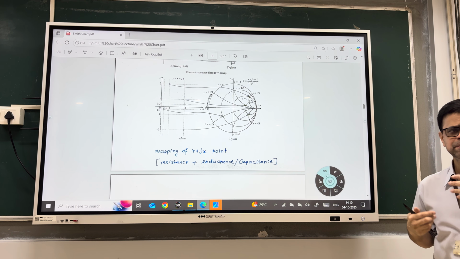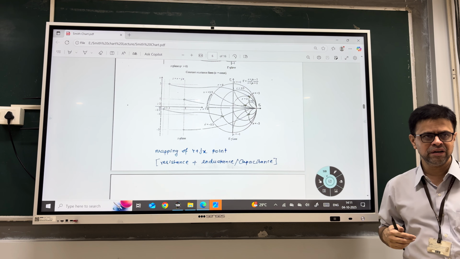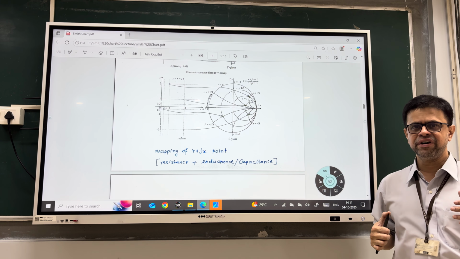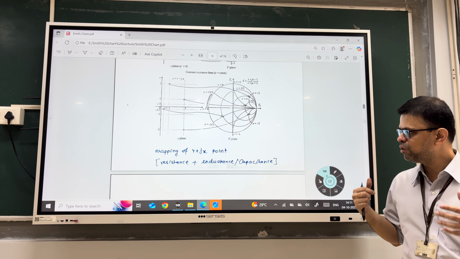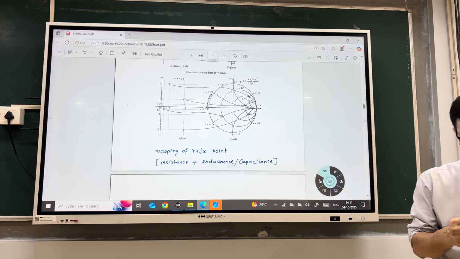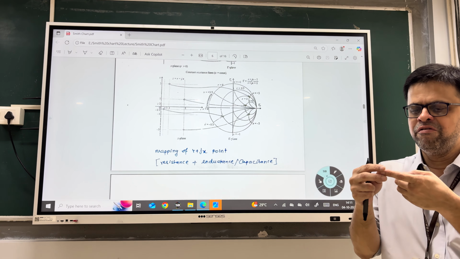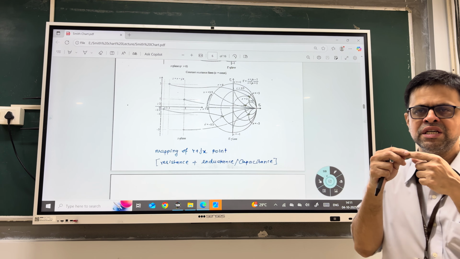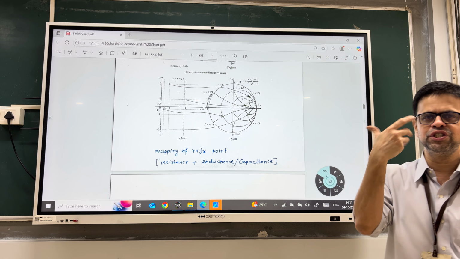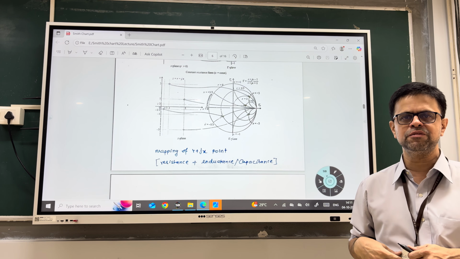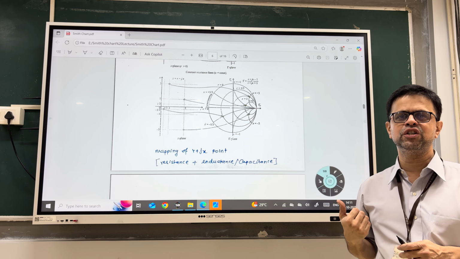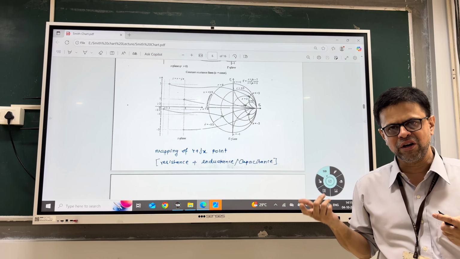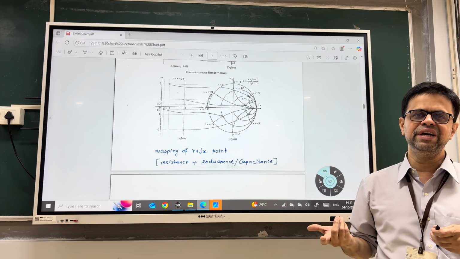Now this Smith chart will be used later for different calculations. We will be doing the following tutorials. We will first understand the procedure to locate a point on the Smith chart, then calculate the reflection coefficient because it is required in microwave analysis. Then we calculate the VSWR.